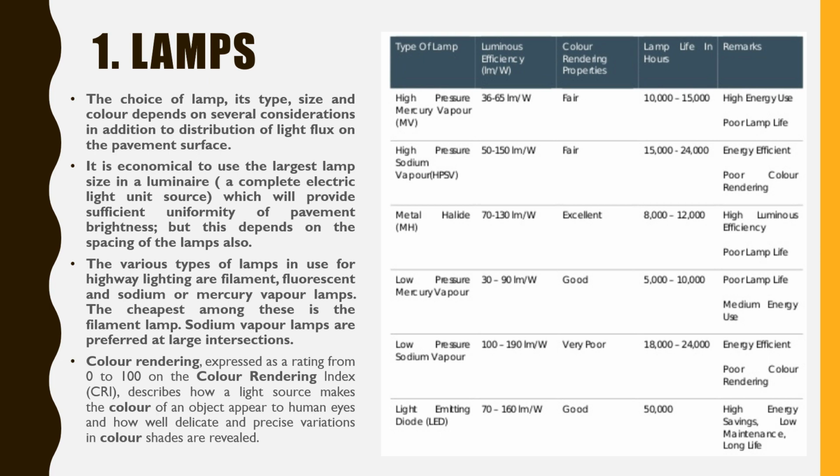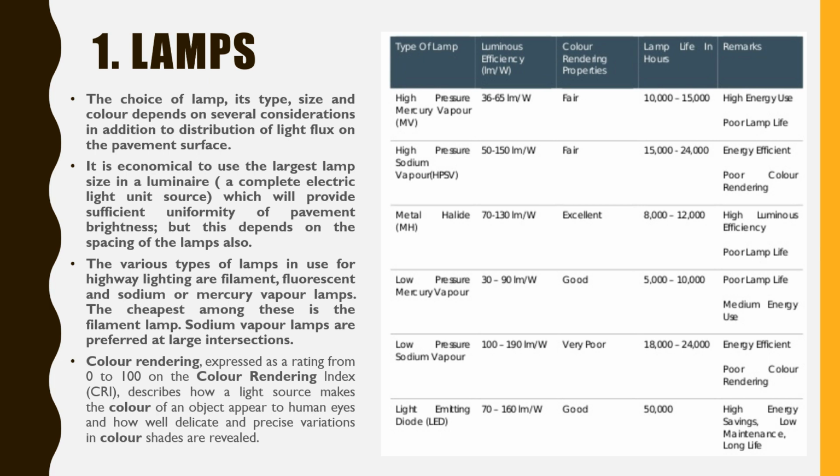The choice of lamp, its type, size, and color depends on several considerations in addition to distribution of light flux on the pavement surface. It's economical to use the largest lamp size in a luminaire.